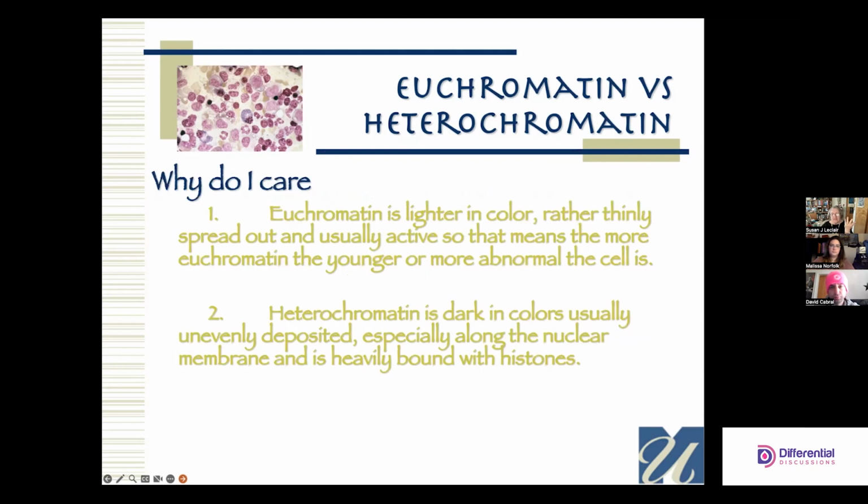Oh, well, I just said that. So basically, euchromatin, younger cell. Heterochromatin, older cell. Now, there are cells that cheat, and those are lymphocytes. And so anybody who wishes to hiss at them can do so now, because alone of all of the hematology cells that we look at, lymphs can flip between these two.